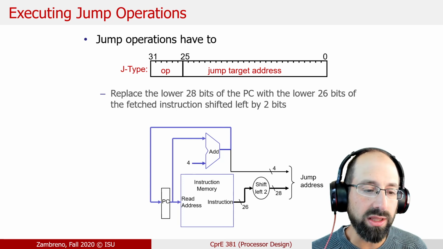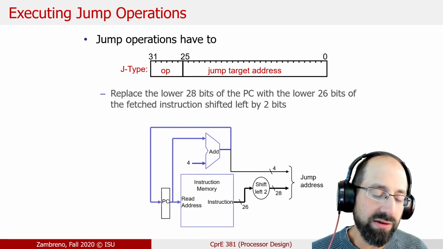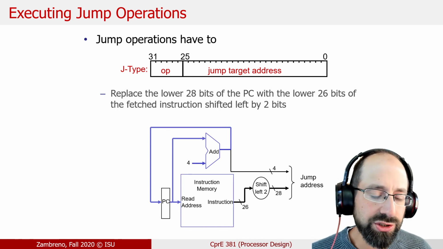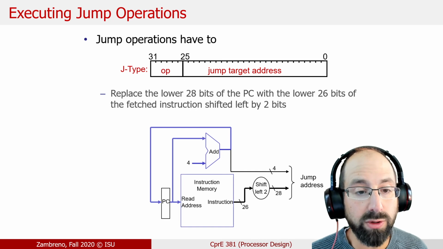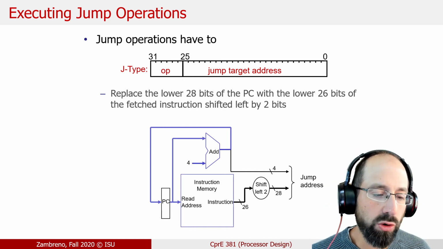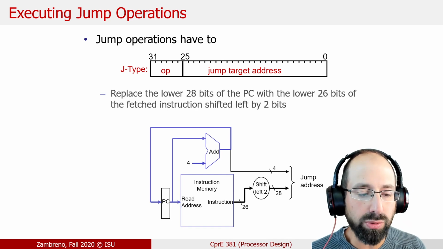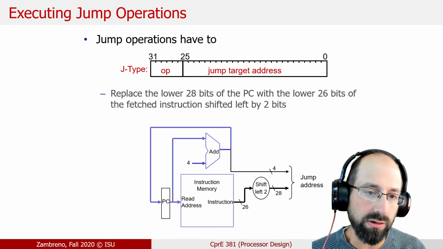Let's rephrase that properly. We replace the relevant bits in our program counter with that 26-bit field we have in our encoded instruction directly. It's doing a shift left logical 2 for this implementation for the same exact reason we're doing it for a branch. It's just a more efficient way of encoding our jump target. Those 2 least significant bits of your program counter will never, for MIPS, be anything other than 00.